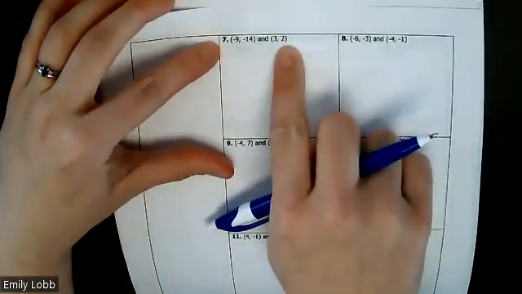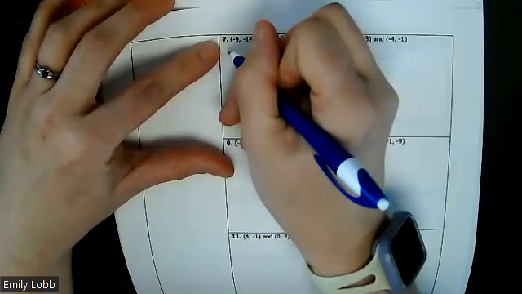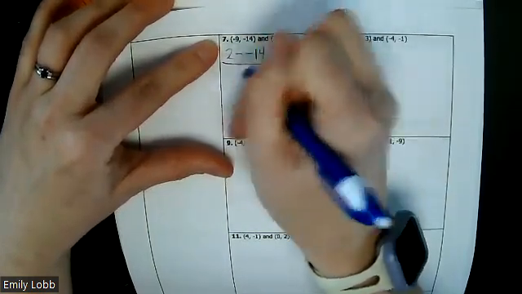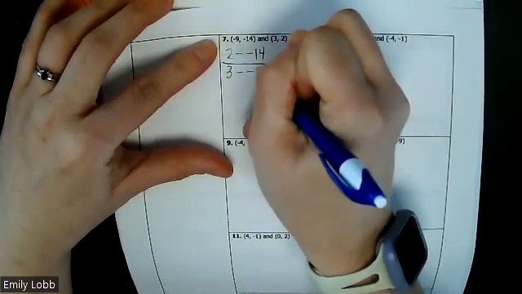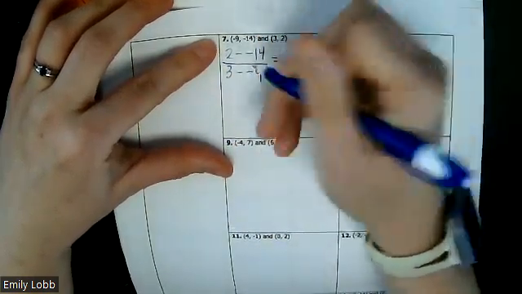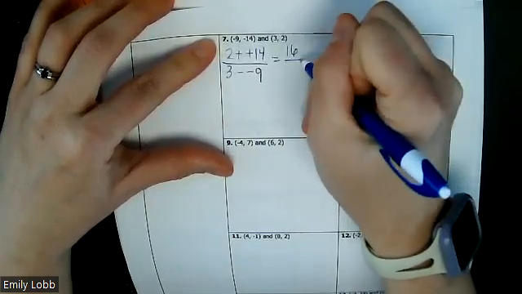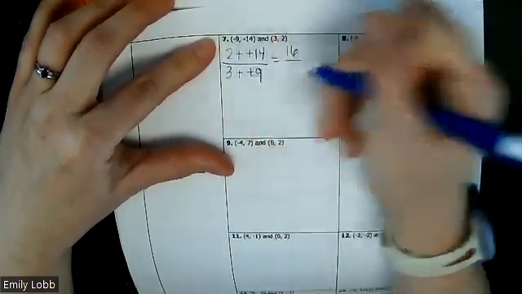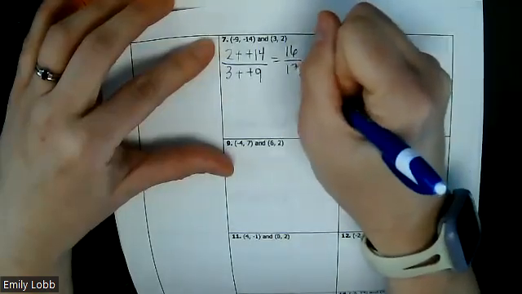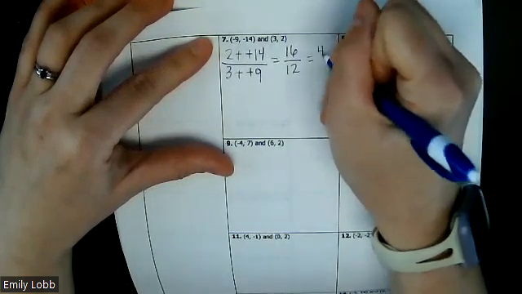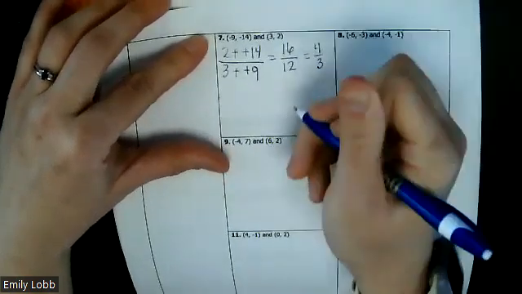So first we're finding the slope, right? 2 minus a negative 14 all over 3 minus a negative 9. So that leaves us with 16 divided by 12. So if I divide them both by 4, I have 4/3 as my slope.